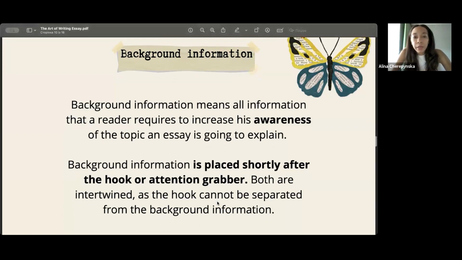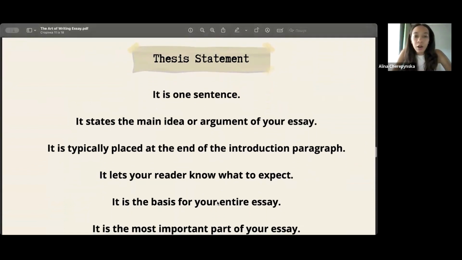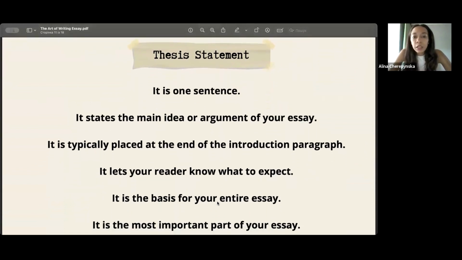After creating background information, what is a must and what is the hardest in the introductory part is the thesis statement. Thesis statement is always the last sentence of the introduction, always. It is usually one sentence, sometimes it may be two sentences, but no more.